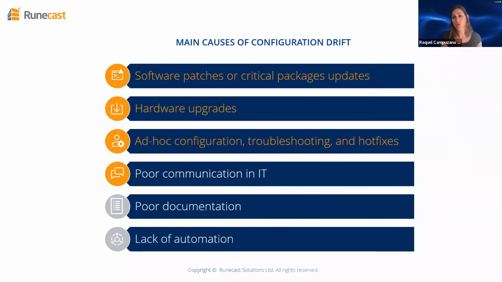So it looks like one of the main causes of configuration drift is bad communication between teams or poor documentation. But these are not the only causes. For example, software patches or critical package updates are a common cause of configuration drift.